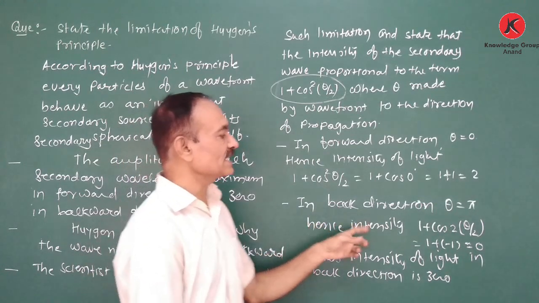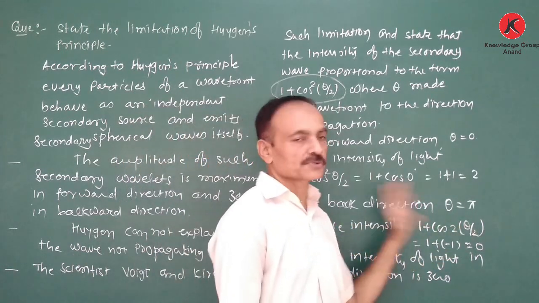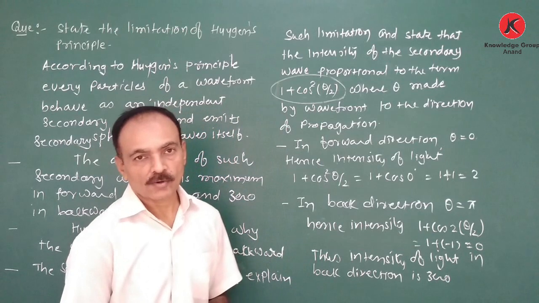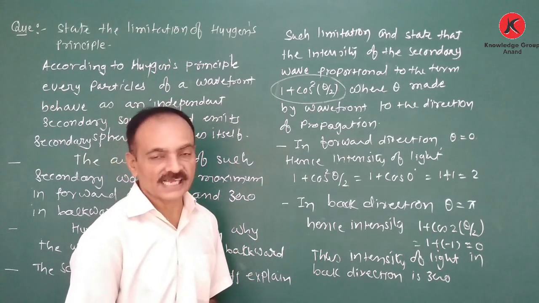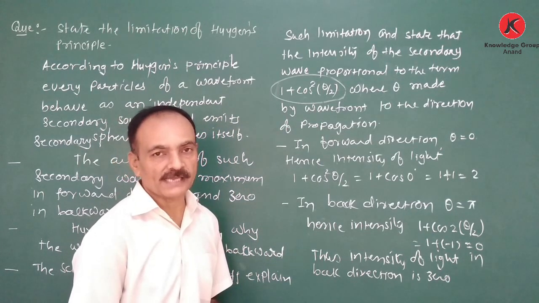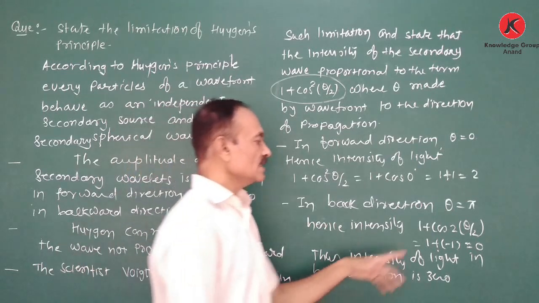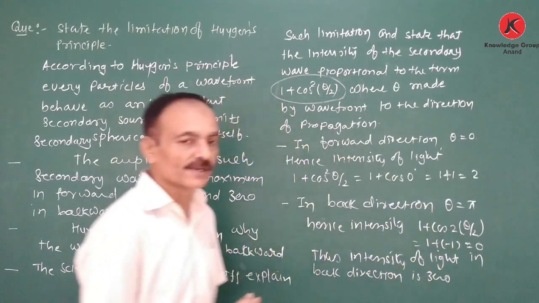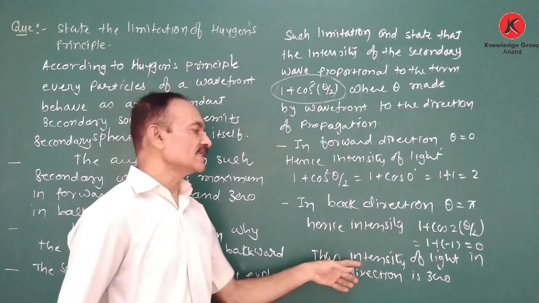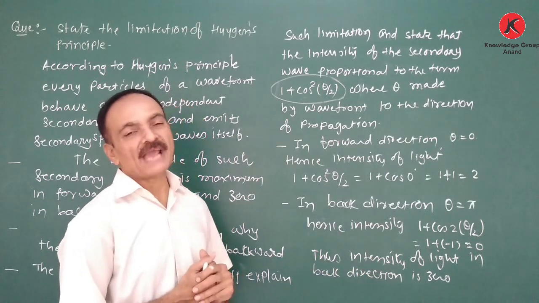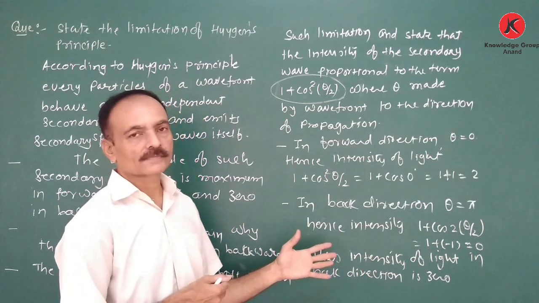Hence the intensity is proportional to 1 plus cos theta, divided by 2, where theta is equal to pi. Cos pi is minus 1. Therefore 1 minus 1 is equal to 0. Thus the intensity of the light in the back direction is 0.